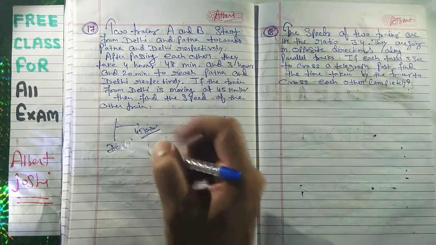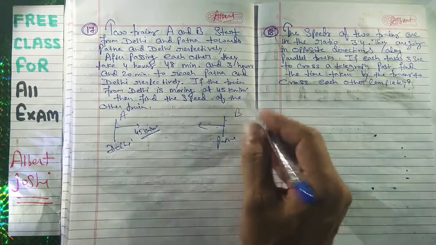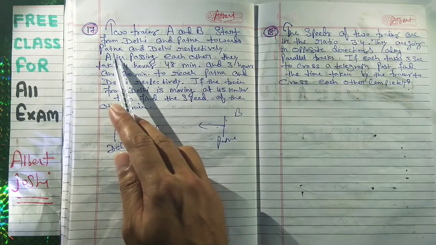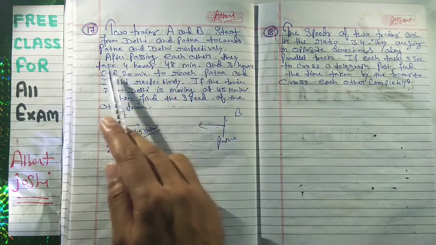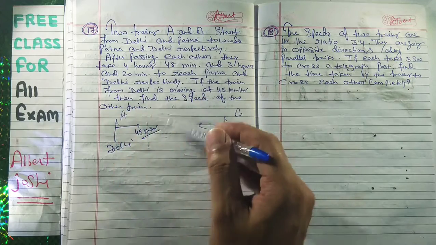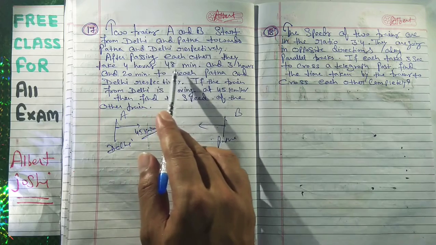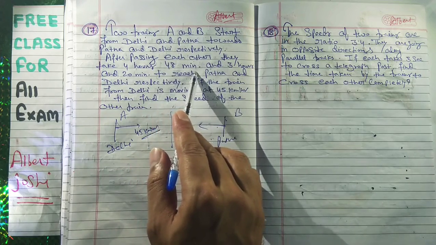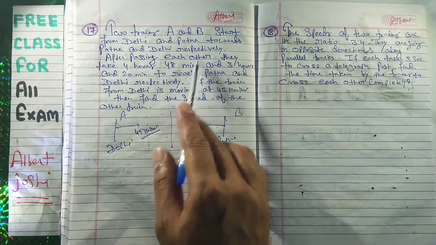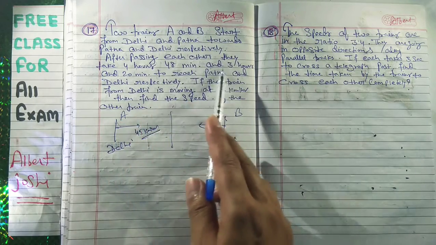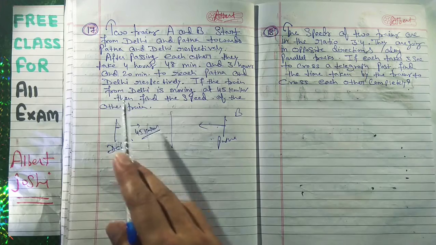Two trains A and B. This is train A, this is train B. They start from Delhi and Patna toward Patna and Delhi respectively. After passing each other, they take 4 hours 48 minutes, and 3 hours 20 minutes.